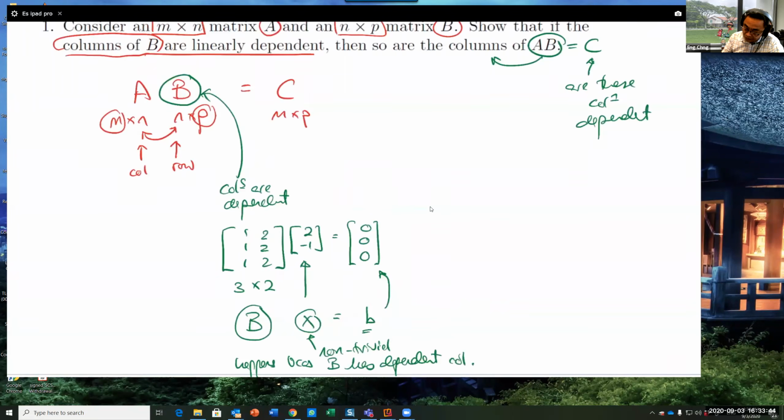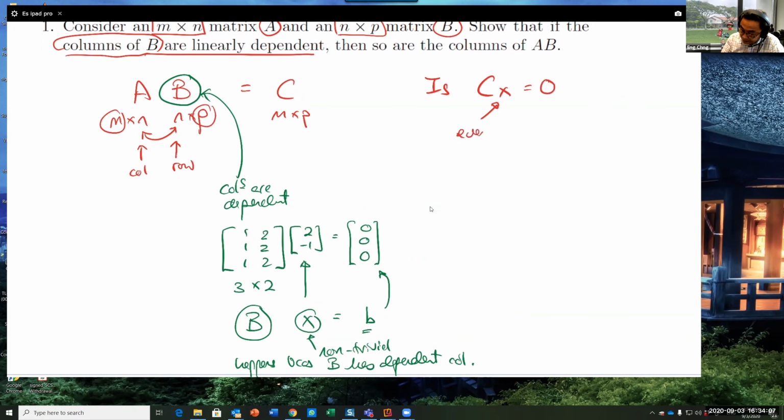Now, the problem, of course, is what about C? All right, so let's try on the right-hand side now. Basically, we're interested in saying, is Cx equal to 0, even if x is not equal to 0?